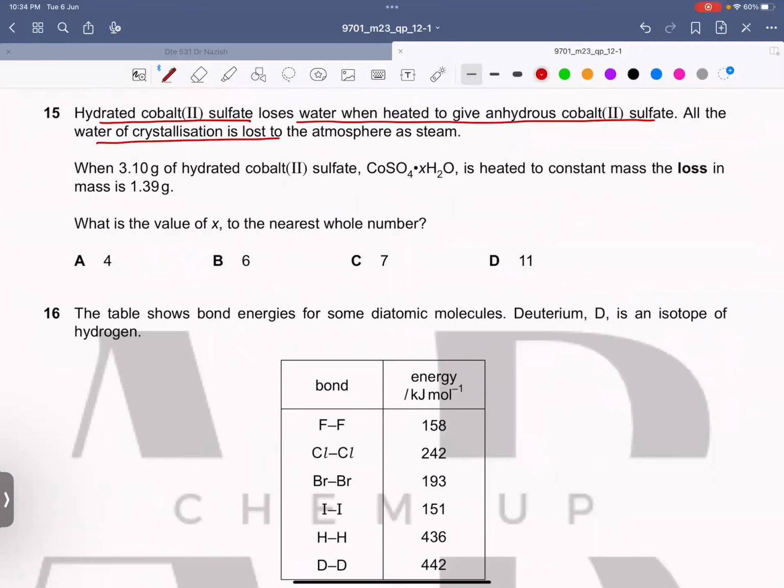Okay, so this is the mass of this, and this is the cobalt, and let me know what is the Ar of cobalt.